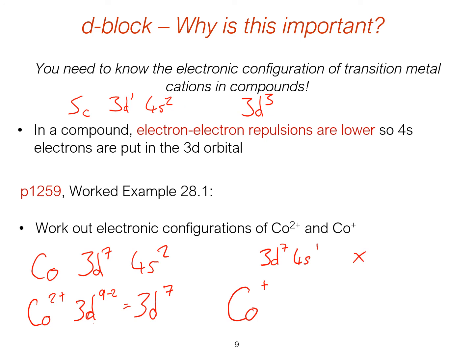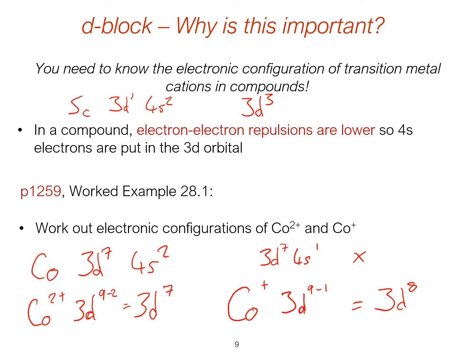If we actually do it how we did for the last one, so we put all the 4s electrons in the d orbitals because there's space for them, and then take away our electron, we end up getting 3d9 at first, and then this time we're taking 1 electron because it's 1+, and then this actually results in the electronic structure of 3d8. And this is what the electronic structure of a cobalt 1+ cation would be.